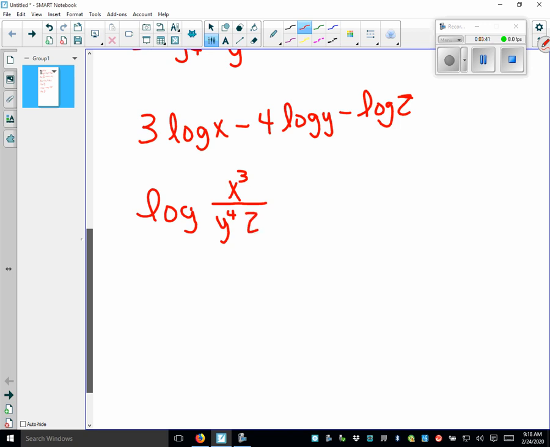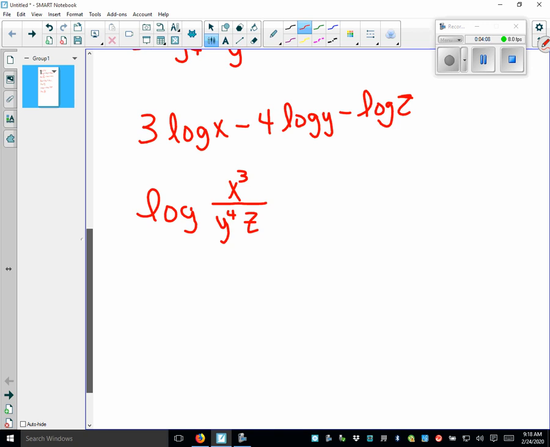Yes, times z on the bottom. Catch that? Between the expand and the write as a single, that is the first 8 problems on the test. So you have to know how to do this, don't you? You're good with this?